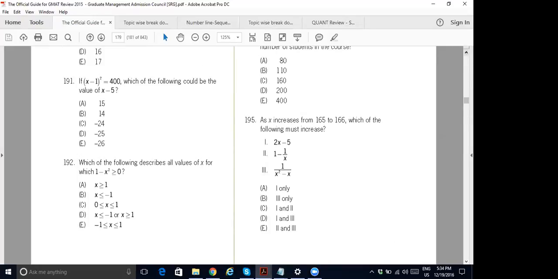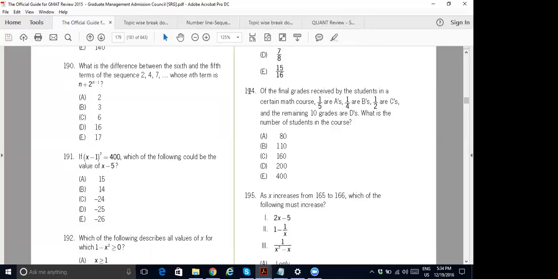Question number 194. This is one of the standard question types in GMAT. Most often a question like this is asked.